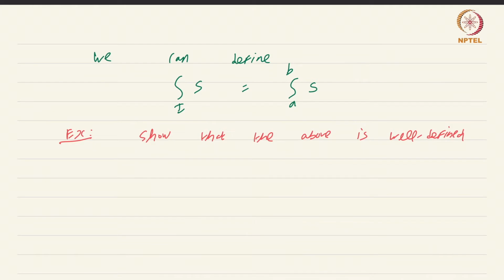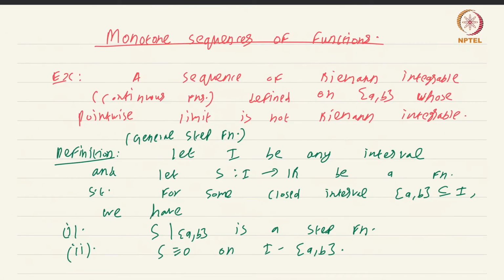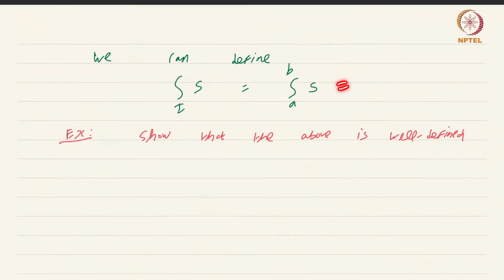I want you to check that if you choose another [c, d], which is a subset of I, such that s restricted to [c, d] is a step function and s is identically 0 on I minus [c, d], that is, conditions 1 and 2 are satisfied for the closed interval [c, d] also, then you have two possible definitions. You have to show that both are equal. So you will have to show that the integral from a to b of s is the integral from c to d of s, and that's not too hard, that's rather easy. Let's call this the first part of this exercise.